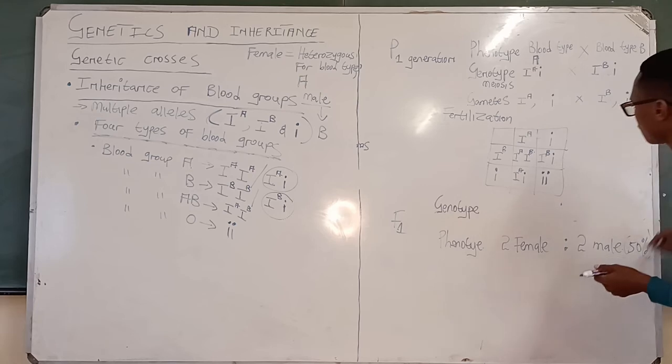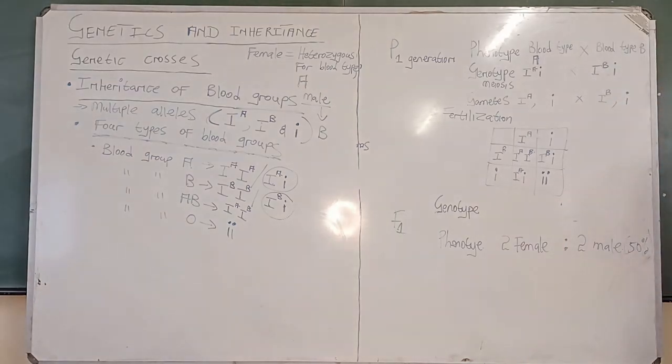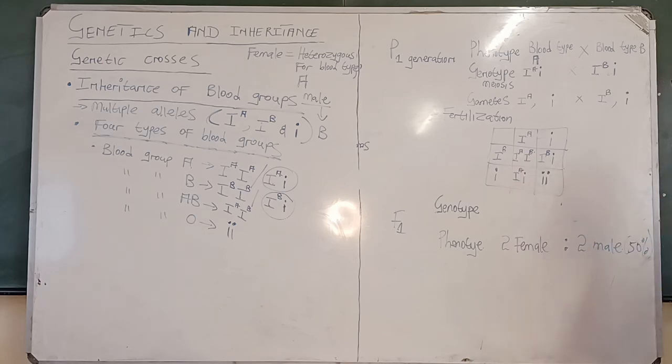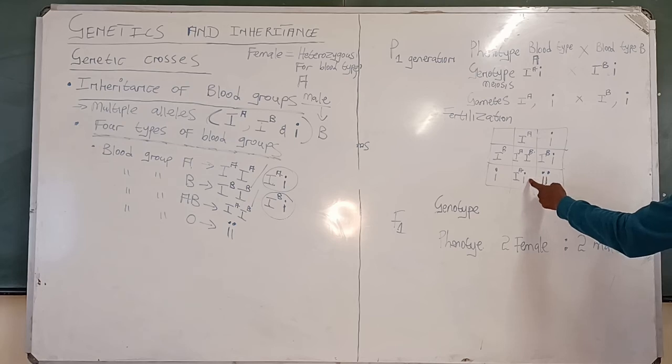We're going to do the same thing. You can see that we have only one that can have blood group AB. Only one can have blood group A, only one can have blood group A, and then this one.